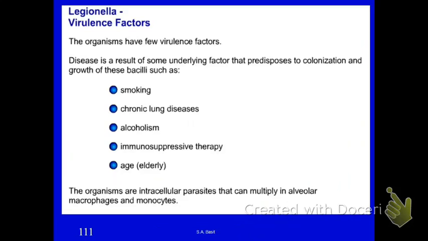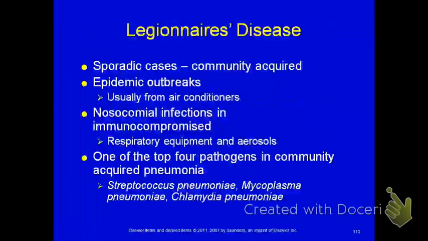Okay, that's not cool. So, Legionnaires' disease is a sporadic case, which means that it's community acquired and there would only be few incidents. Okay, but epidemic outbreaks could occur usually from air conditioners, like what happened in 1976.